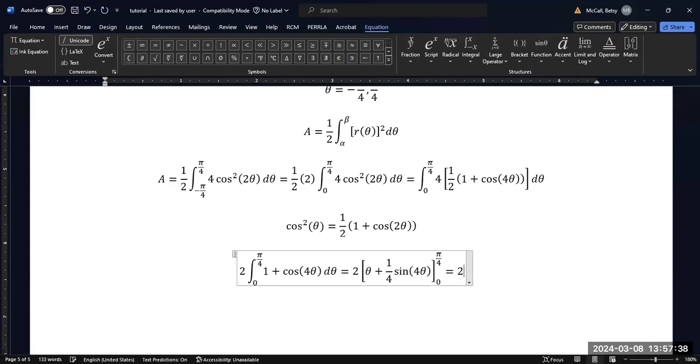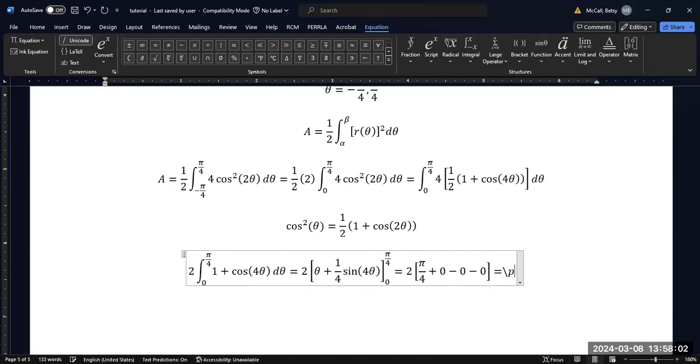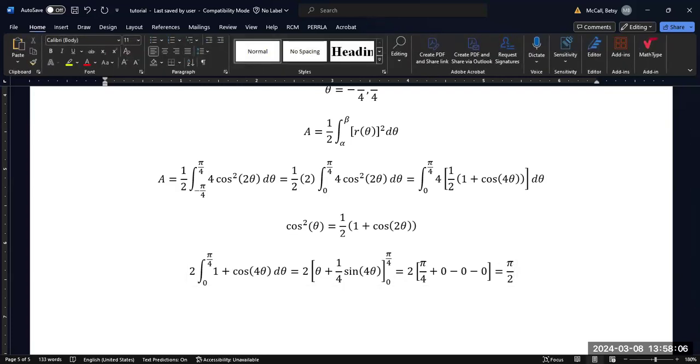And so when I plug that in, I'm going to get pi over 4. And then if I plug in pi over 4 into sine of 4 theta, that's going to be sine pi, which is 0. And then when I plug in 0, I'm also going to get 0 and 0. And so I'm going to end up with pi over 2 as the area of one petal.